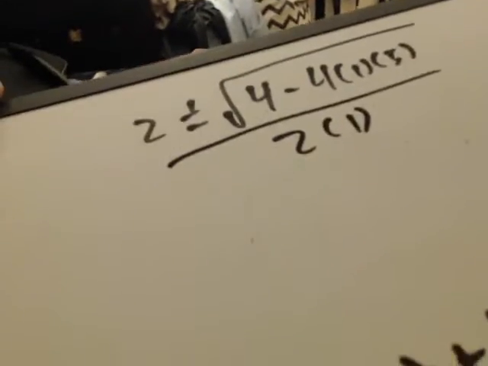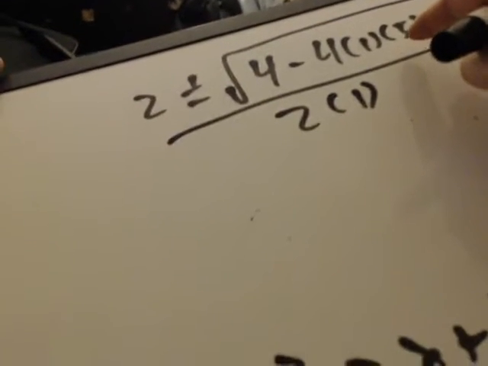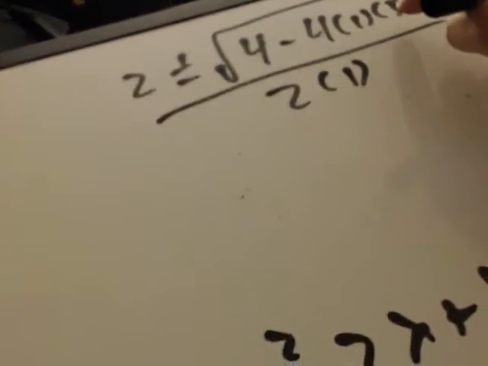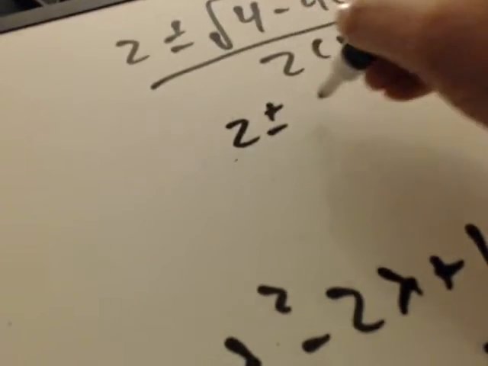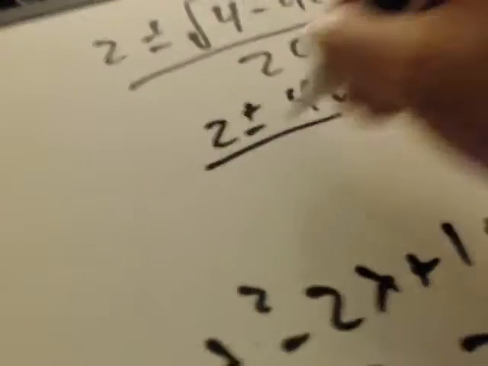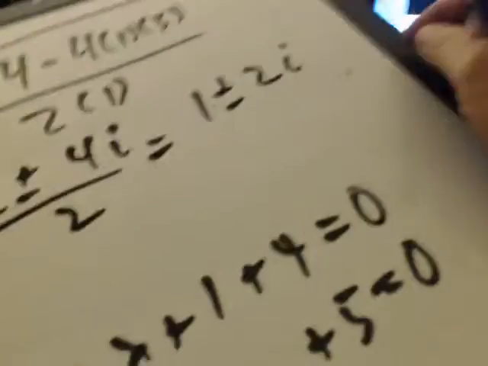There's our quadratic. 4 minus 20 is a -16. So if I take the square root of -16, it's 4i. So I get 2 plus or minus 4i over 2, which basically means it's 1 plus or minus 2i.